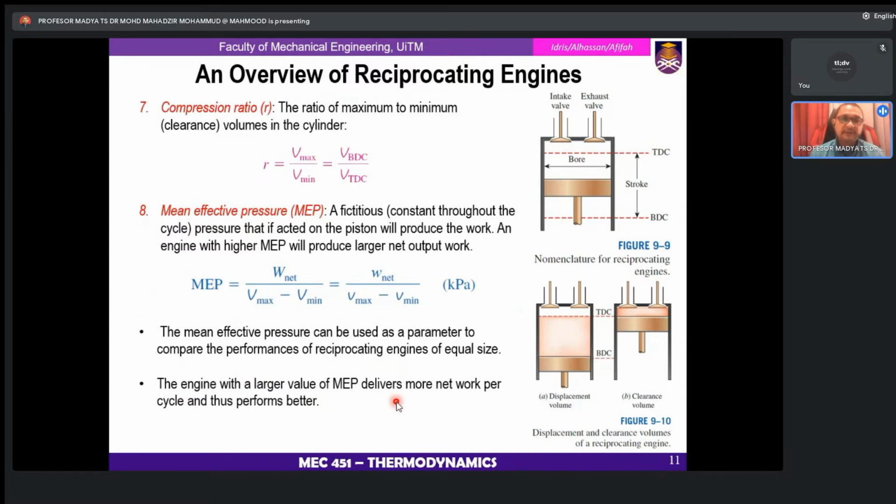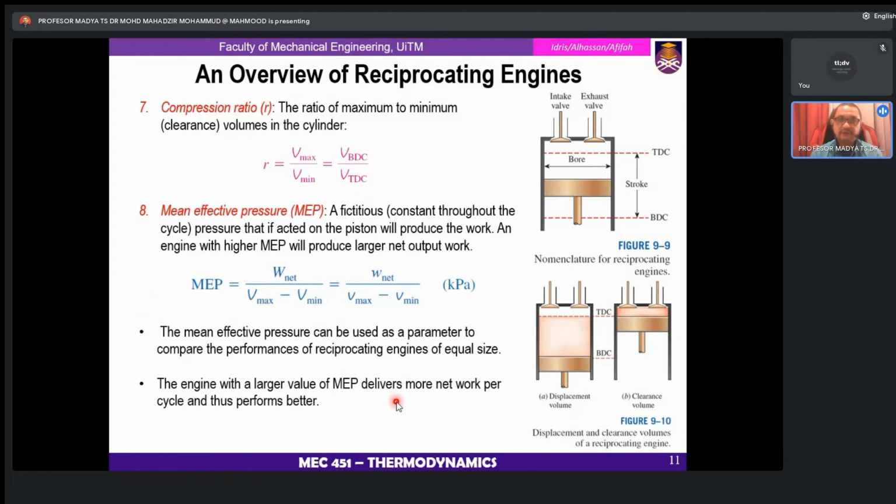All right, we continue. Number 7 is compression ratio, denoted by small r. It is the ratio of maximum to minimum volume in the cylinder. All reciprocating engines, petrol engines or diesel engines, have a compression ratio.